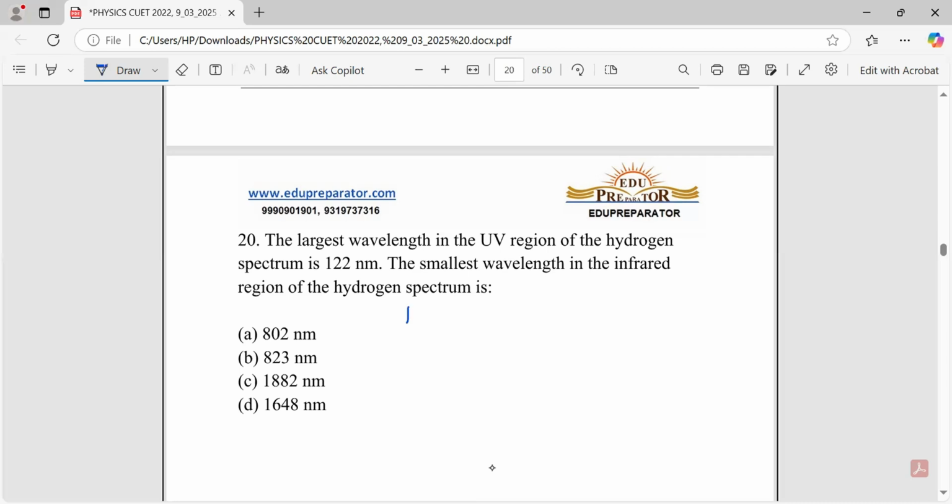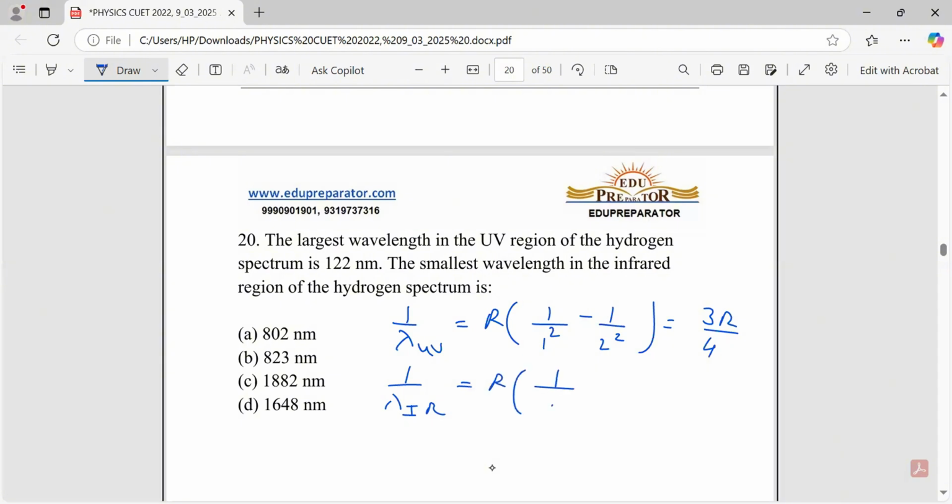So 1 by lambda for ultraviolet will be equal to Rydberg constant times (1 by 1 square minus 1 by 2 square), which is equal to 3R by 4. And if you calculate lambda for infrared, you have Rydberg constant times (1 by 9 minus 1 by infinity), which is equal to R by 9.